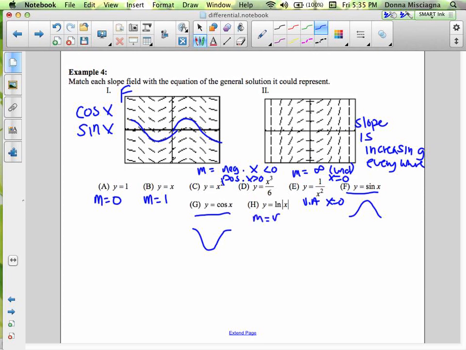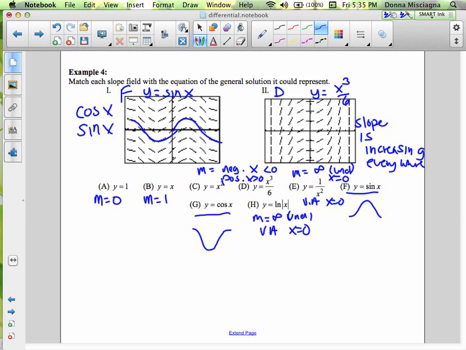My slope is going to be undefined at x equals 0 because we have a vertical asymptote at x equals 0. So this one here is d. So f here was y equals sine x, and 2 was d, y equals x cubed divided by 6.